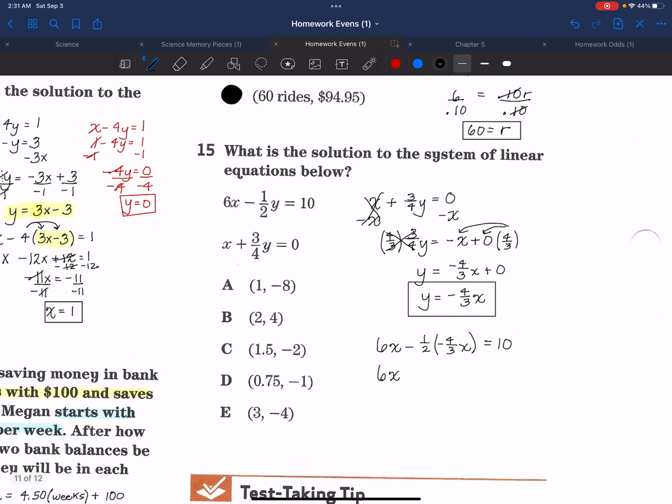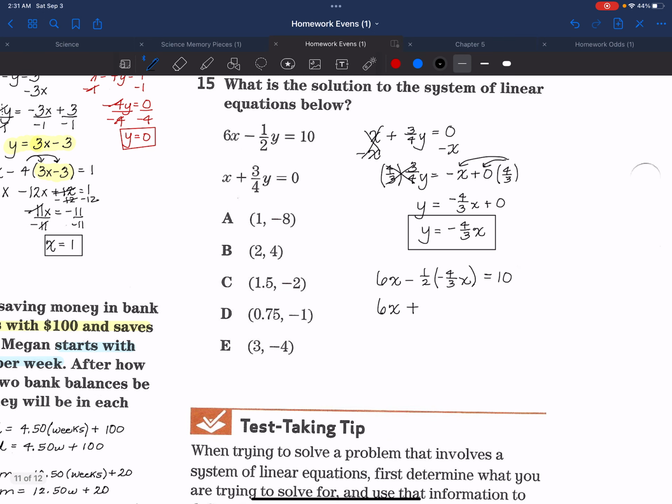I'm multiplying two negatives. That will give me a positive. On top I have 4, and on the bottom I have 6. And that would be with an x equals 10. So I'll combine my x terms to get 6 and 4 sixths x equals 10.